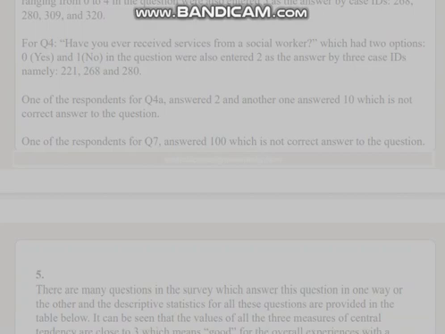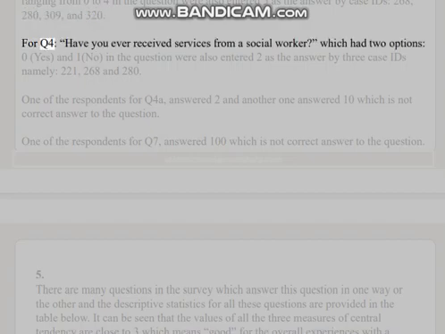4. For Q3, how frequently do you interact with social workers, which had options ranging from 0 to 4, 5 was also entered as the answer by case IDs 268, 280, 309, and 320.